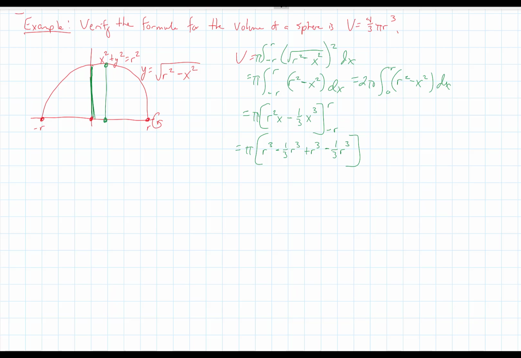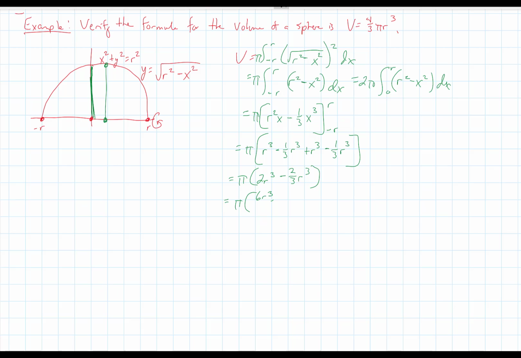And then we're just combining, so I've got 2r cubed minus 2/3 r cubed. And so then, of course, 2r cubed, that's going to put this over a common denominator of 3.